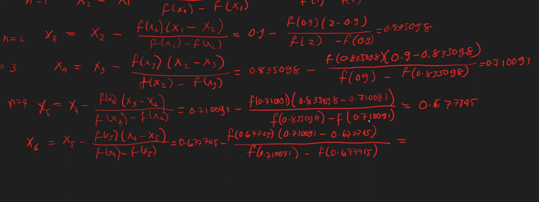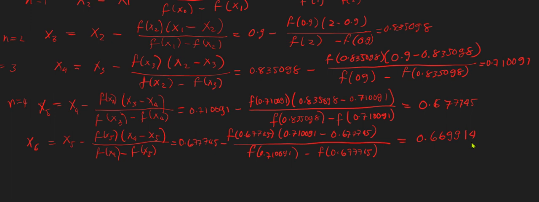Our x6 now will be equal to 0.66991. So our value now is closer to the true value.